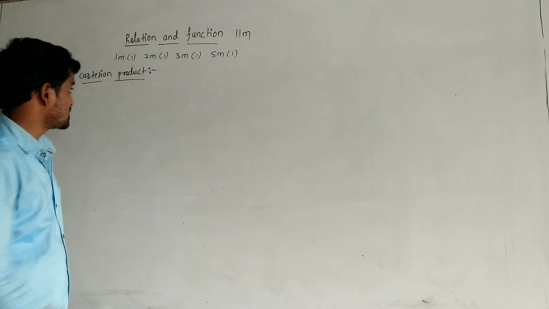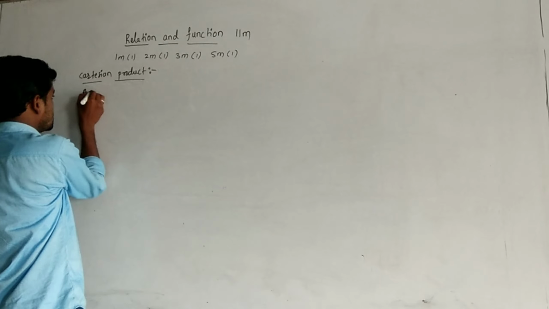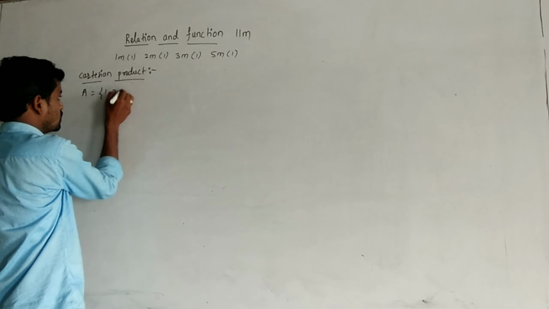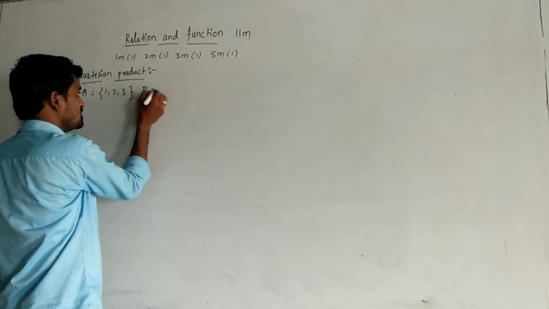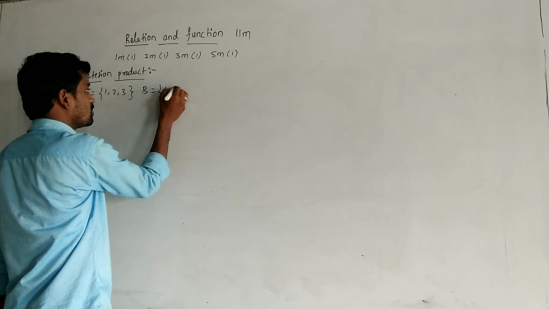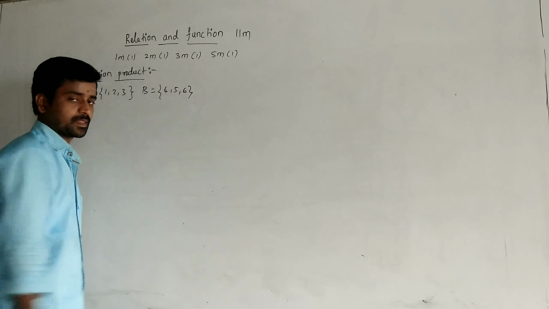Consider two non-empty sets. A is equal to 1, 2, 3, set B is equal to 4, 5, 6.